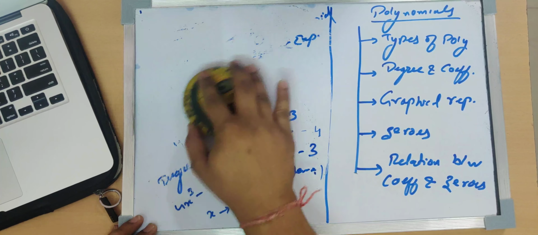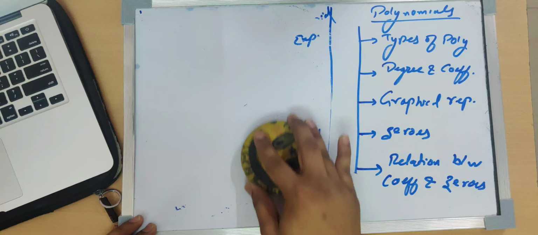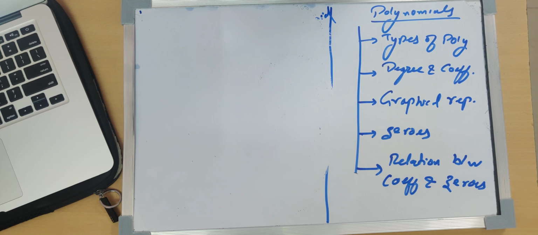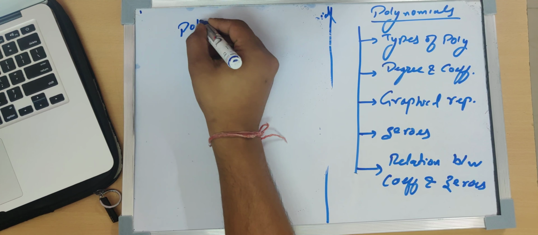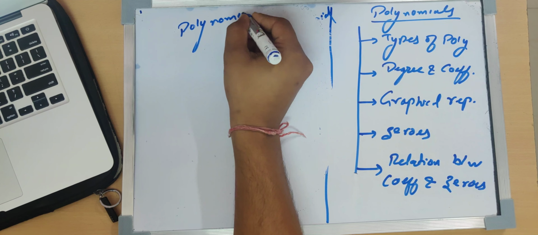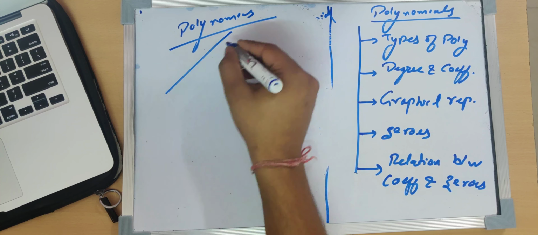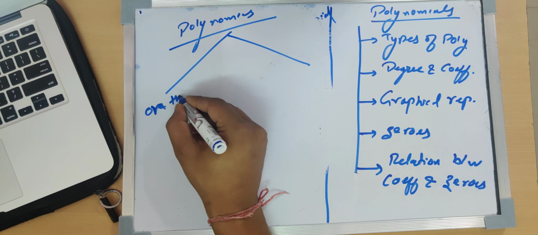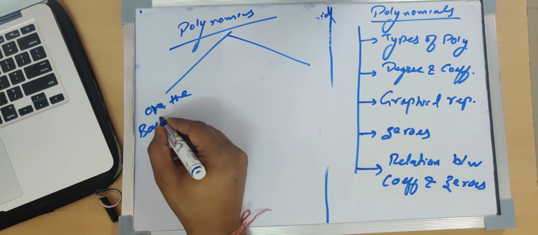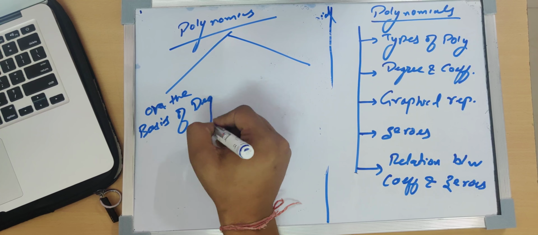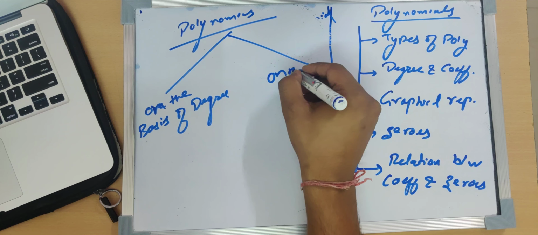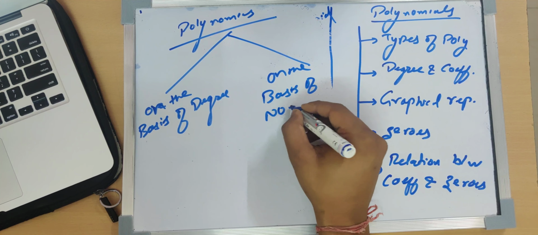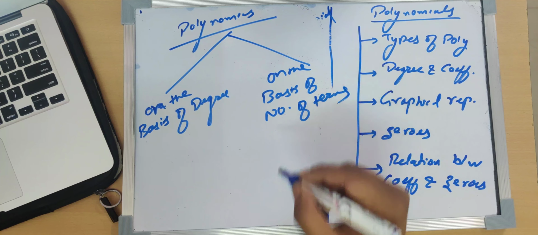Now we will move on to the types of polynomial. We know about the degree, so we can actually discuss the types of polynomial. Now the polynomial has two flavors. First, on the basis of degree, and second is on the basis of number of terms, right?